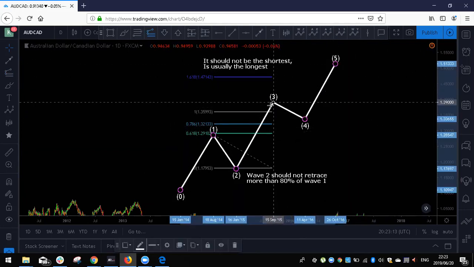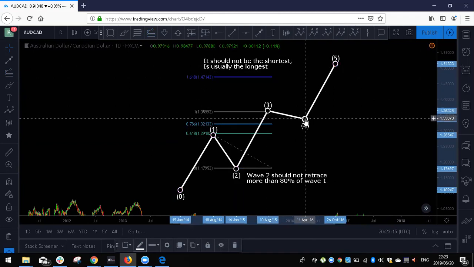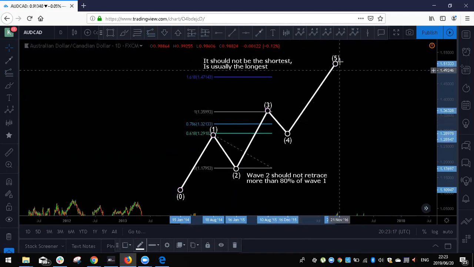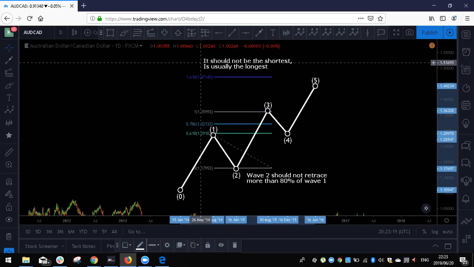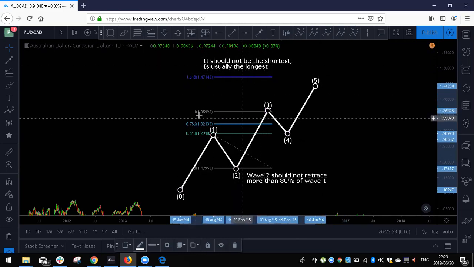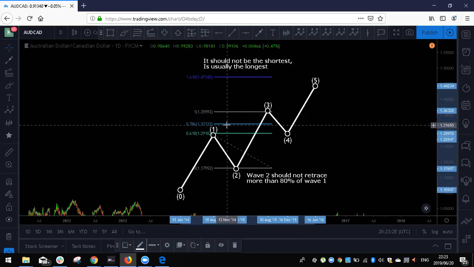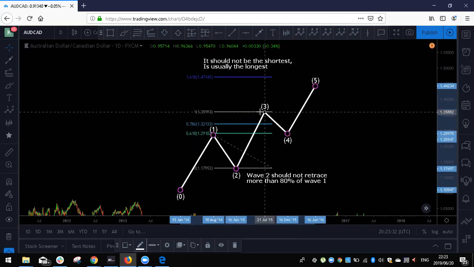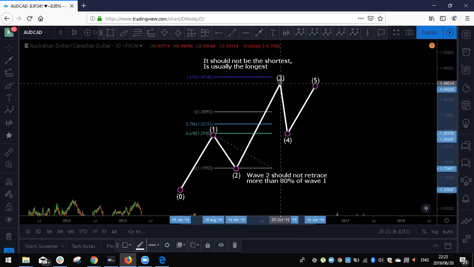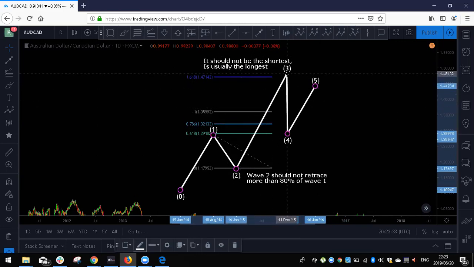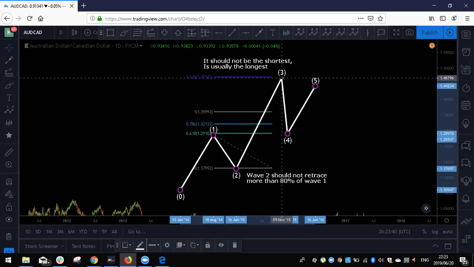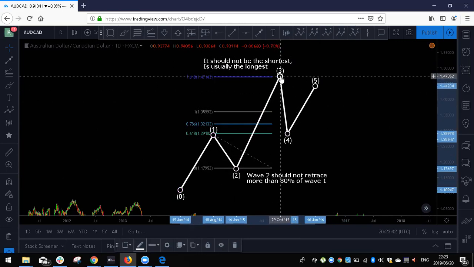It's acceptable for a wave 3 to be there because it still meets this rule. It's not the shortest because it's at 100% of wave 1, the same length as wave 1. So from 100%, anywhere in between there, you can have your wave 3. It's usually nice if it hits there.